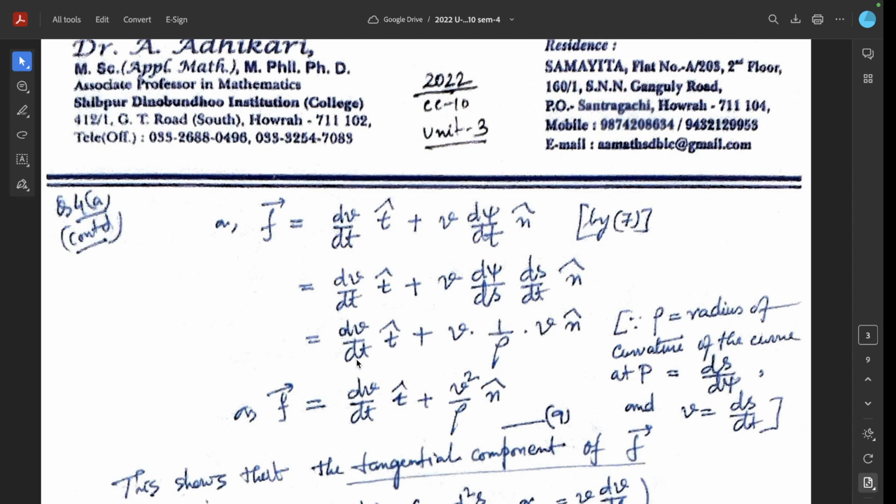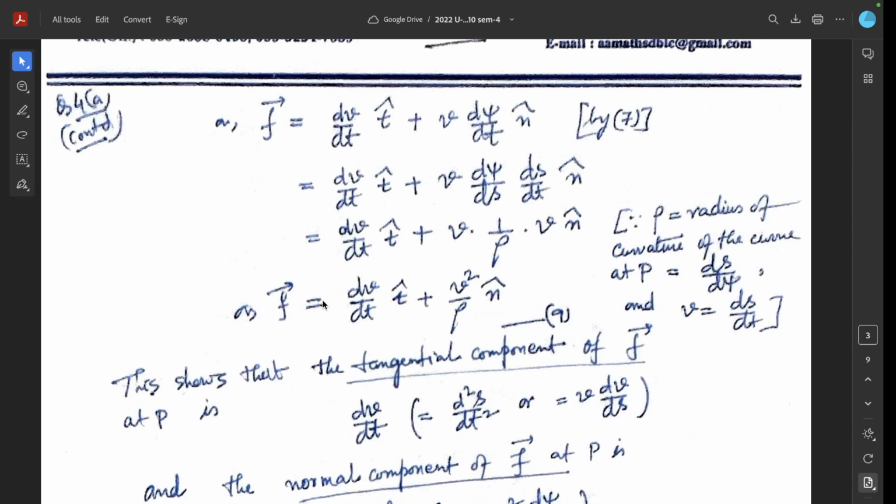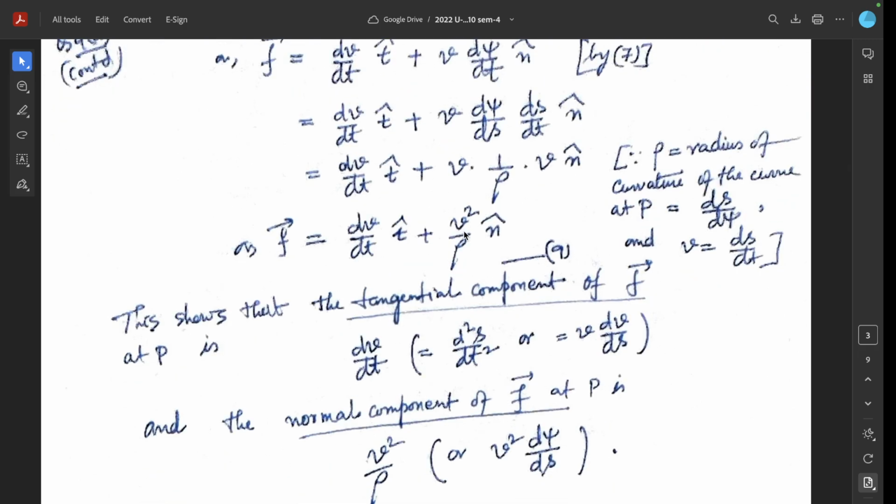So f vector equals the derivative of v t cap plus v square by rho n cap. So the tangential component of the acceleration vector f is d by dt of v, that is equal to d2s by dt square or v dv by ds, and the normal component is v square by rho, or v square d psi by ds.